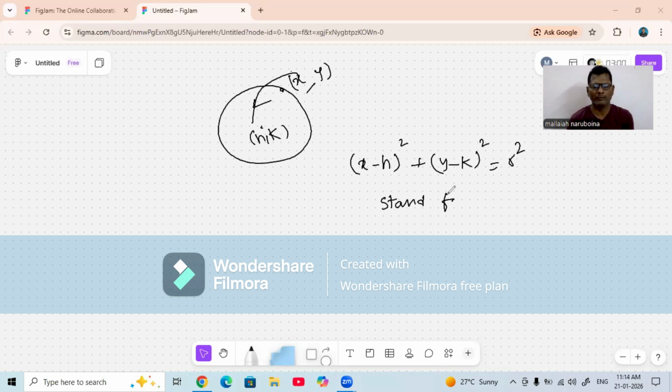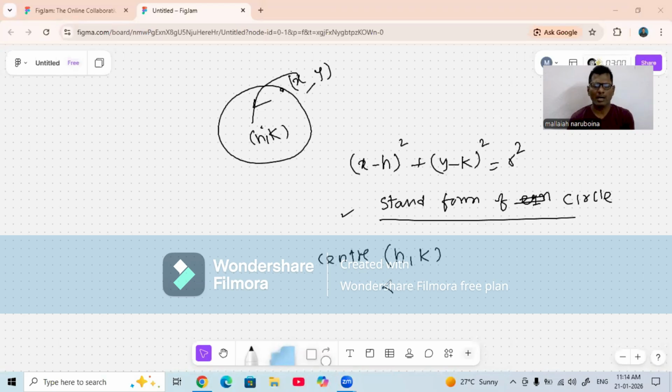Standard form of equation of circle, or standard equation of circle. Here h, k is center and r is the radius.